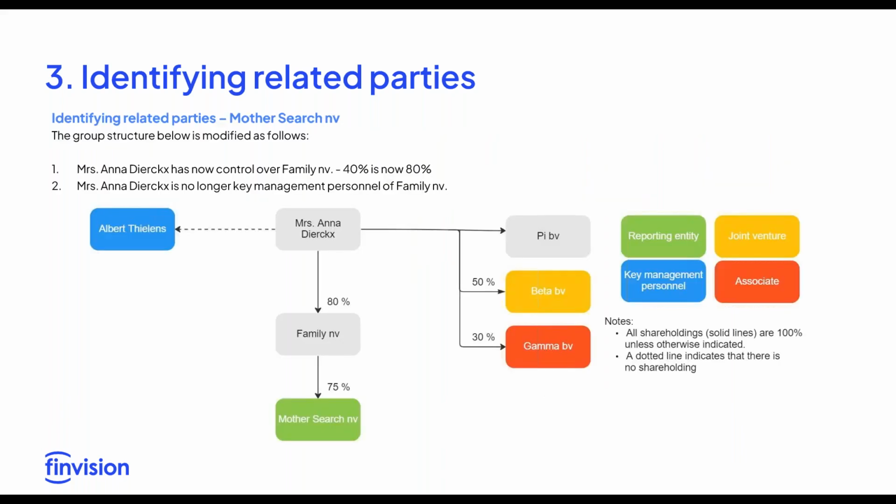If we now modify a bit the structure, and we see here that Anna Dirks is not key management personnel anymore of family NV. So she's not key management, but now she has control over family NV. So she owns, instead of 40%, she owns now 80% of family NV. Does that change anything?